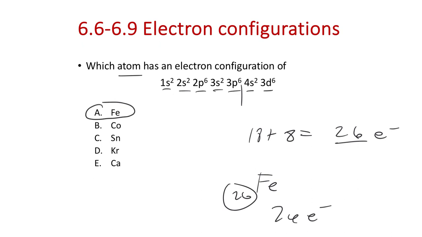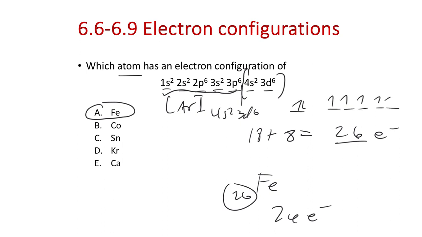And then, how many valence electrons does it have? How many unpaired electrons does it have? Well, let's focus here. This is all argon, followed by a 4s2, 3d6. So 4s2, 2 electrons, and then 3d6.